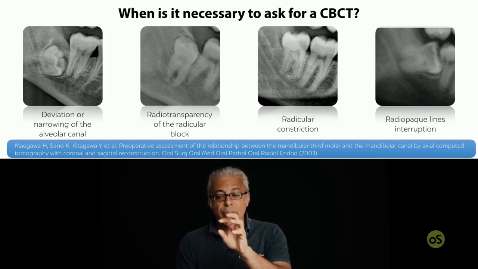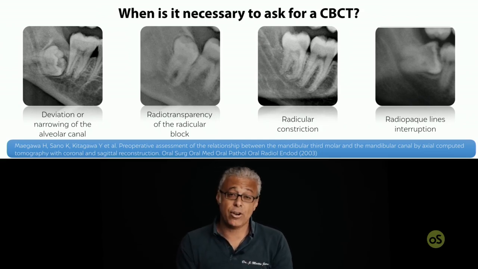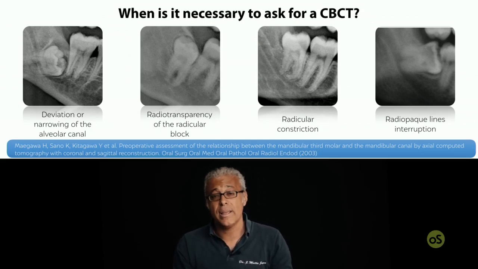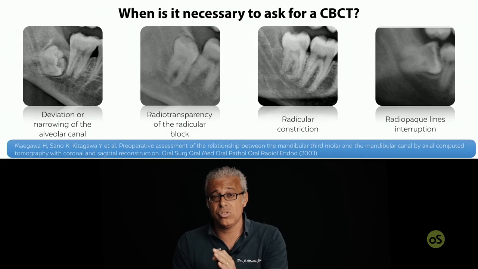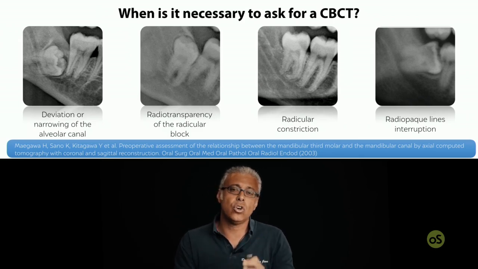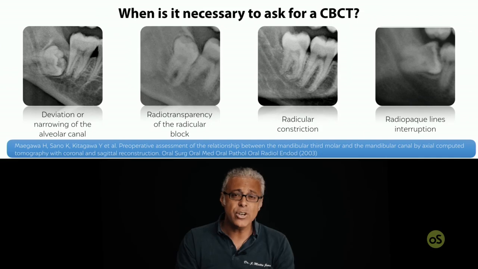But if we have one of these issues in the panoramic X-ray, as written by many authors, this is Megawa, but there are many authors talking about these kinds of parameters that we have to see in the panoramic X-rays in order to ask for a second level radiograph, so a CBCT or a CT scan.